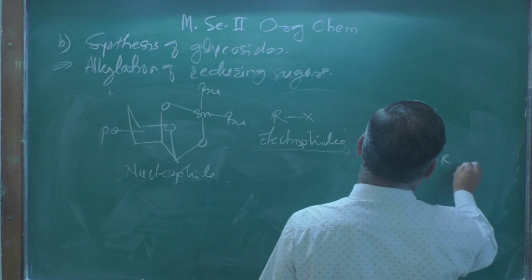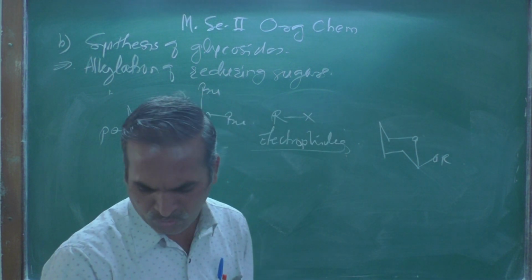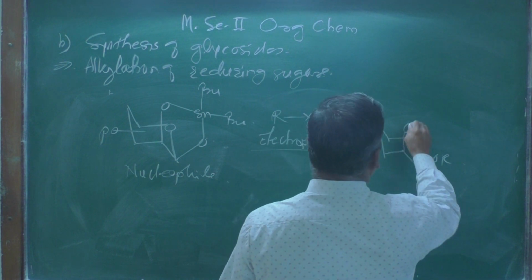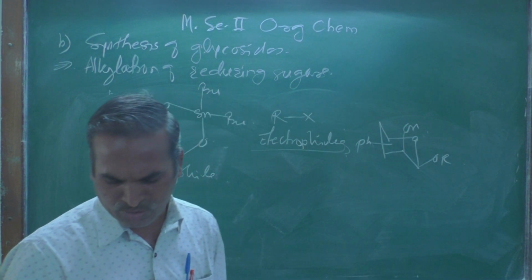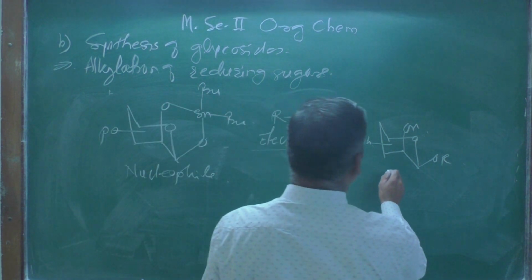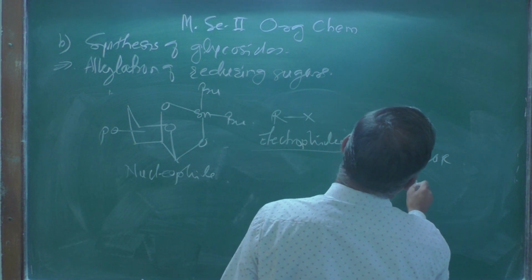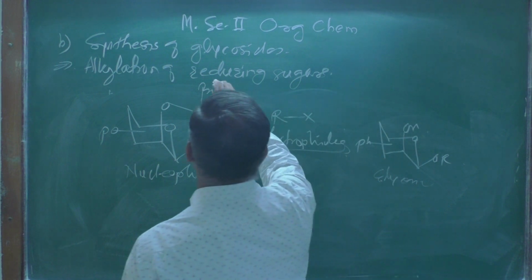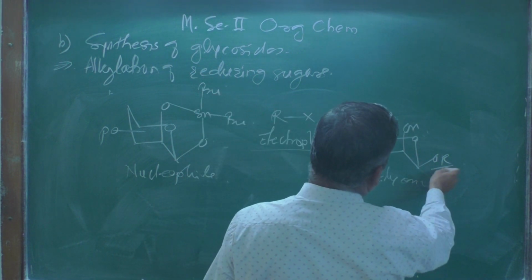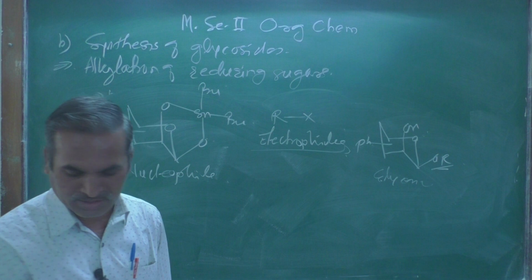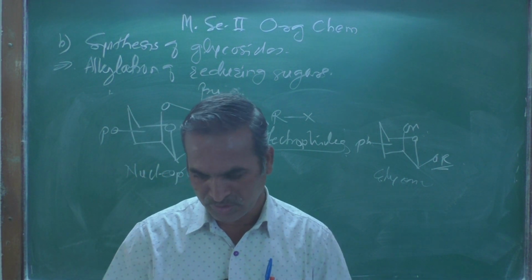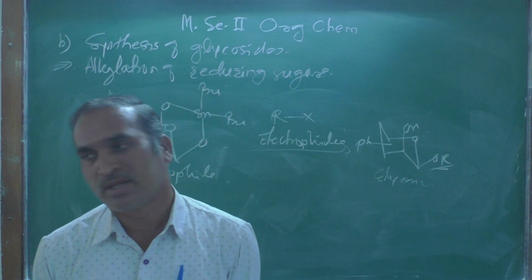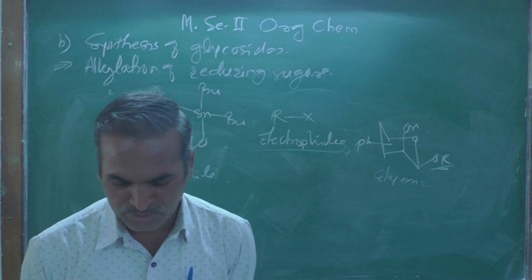Here is OR, then OR, here a hydroxyl group, and this PO as it is, and this is called a glycoside. This shows non-reducing properties because there is no hemiacetal structure in this case, and that's why they are non-reducing sugars. When alkylation takes place, that becomes a non-reducing sugar.